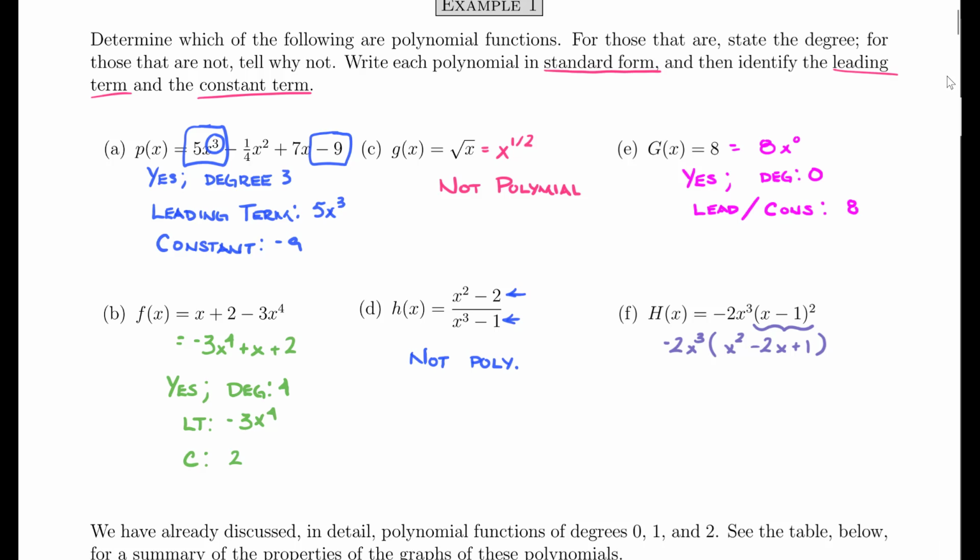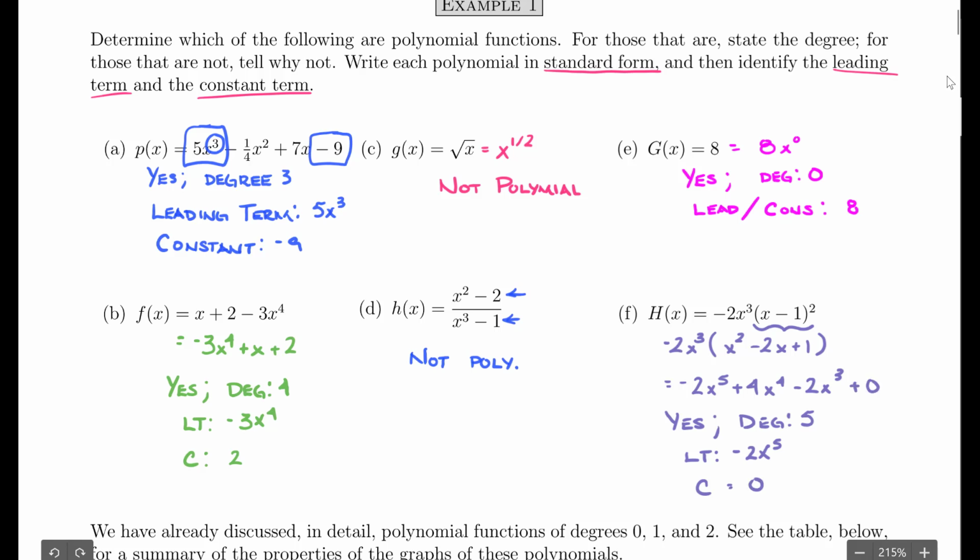Distribute the -2x cubed through that parenthetical term to get -2x to the 5th plus 4x to the 4th minus 2x cubed. This is a polynomial, and it has a degree of 5. And the leading term is going to be the -2x to the 5th, and our constant is 0, because we can just put a plus 0 on the end of that, and we've established our constant value.